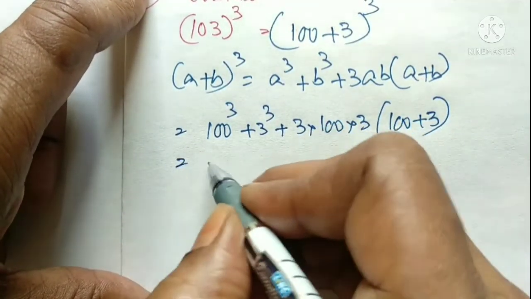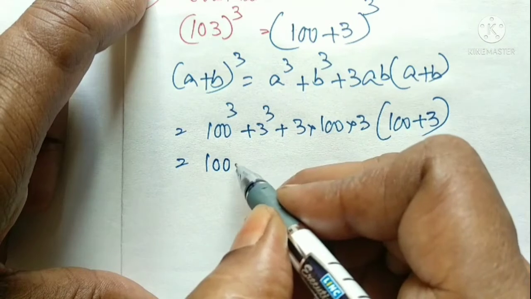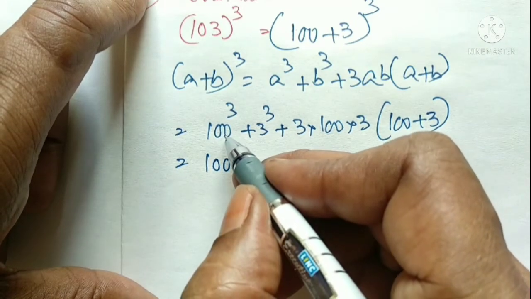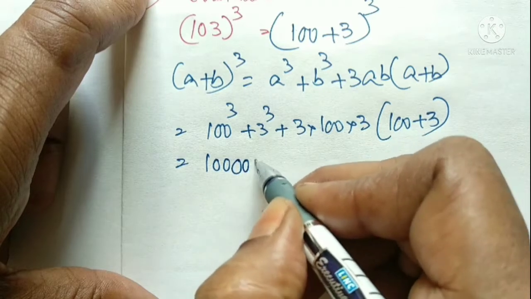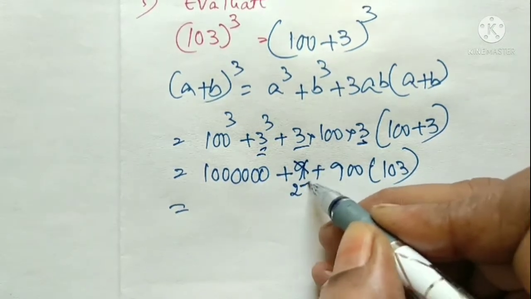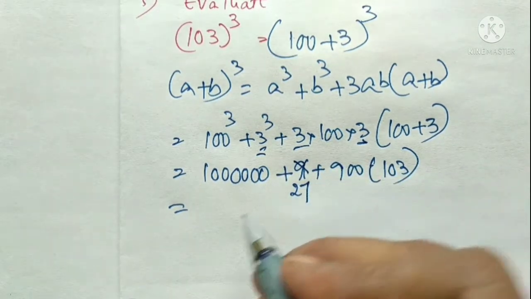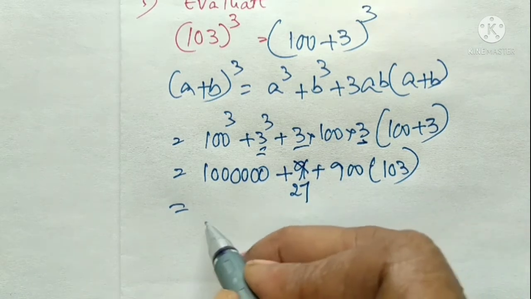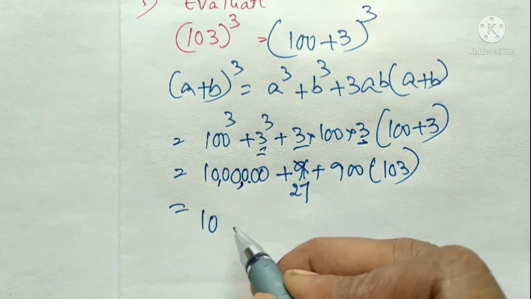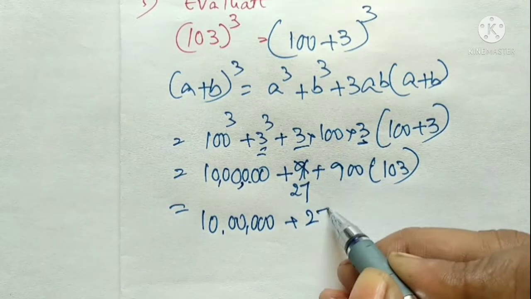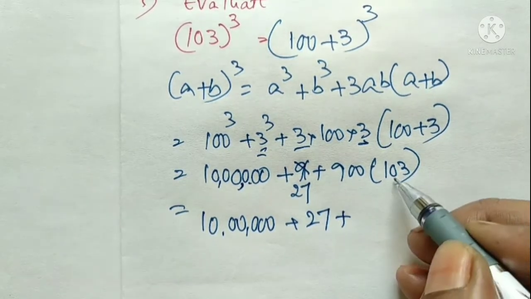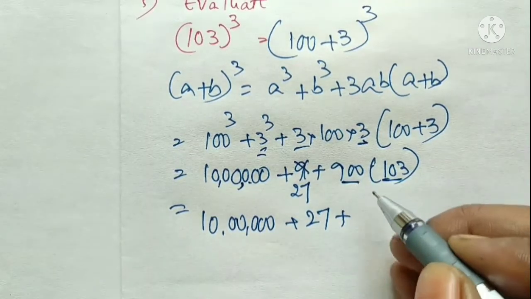So its value will be 100 cube, which means total 6 zeros. 3 cube is 27, since 3 threes are 9, 9 threes are 27. So we are adding here, this is 10 lakhs plus 27 plus 103 multiplied by 900.